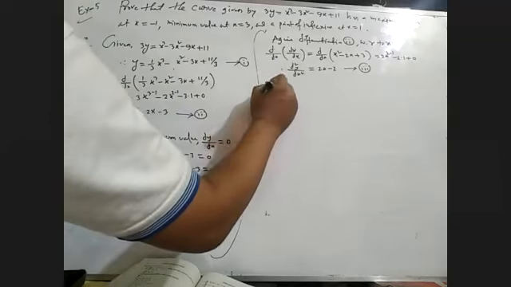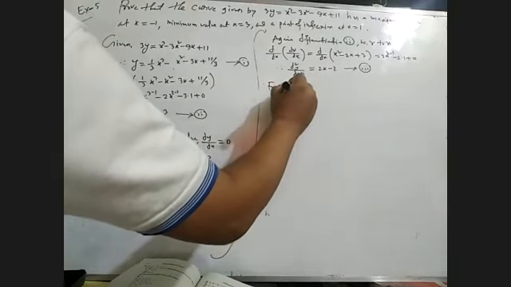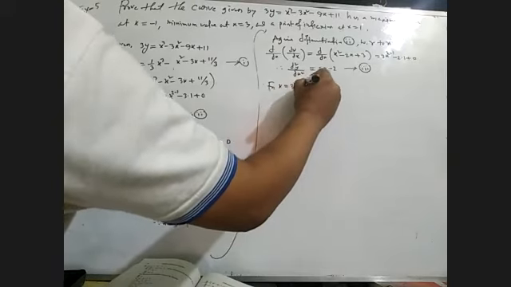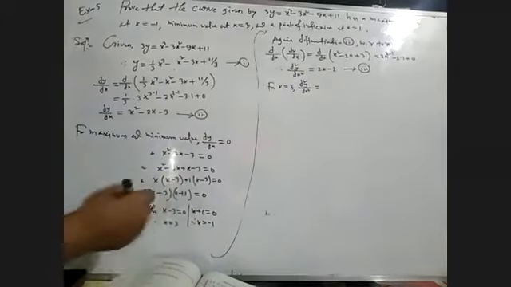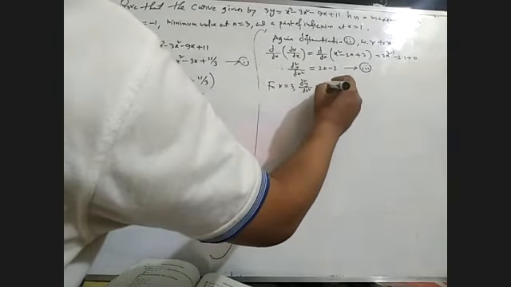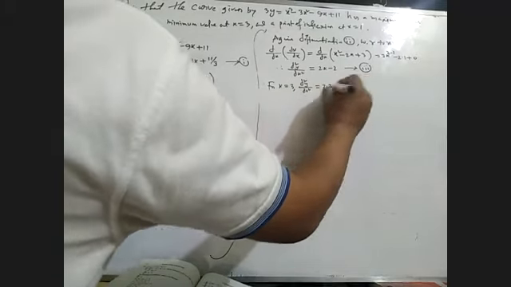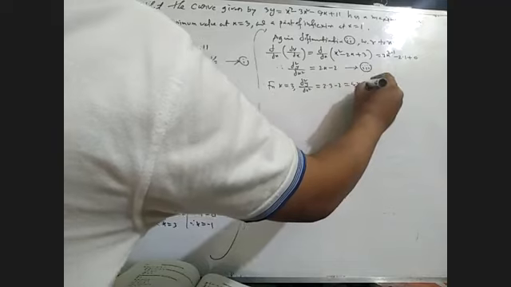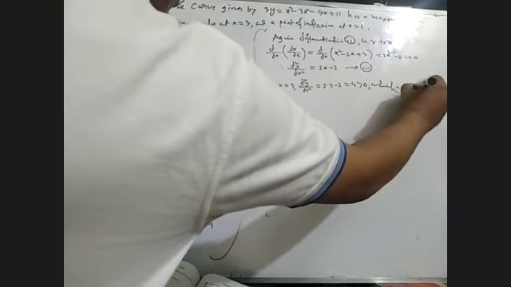Now for x equals 3, we test the value of the double differentiation at the critical point, whether it gives a maximum or minimum. 2 into 3 minus 2, that means 6 minus 2, which is 4, positive.